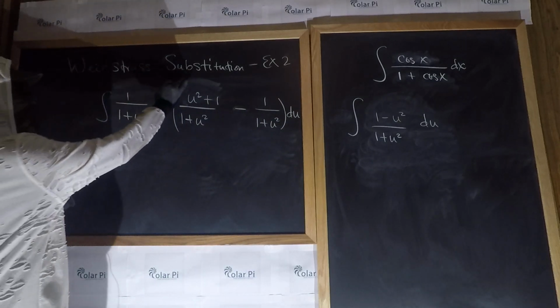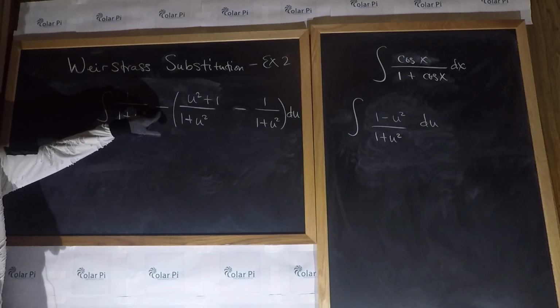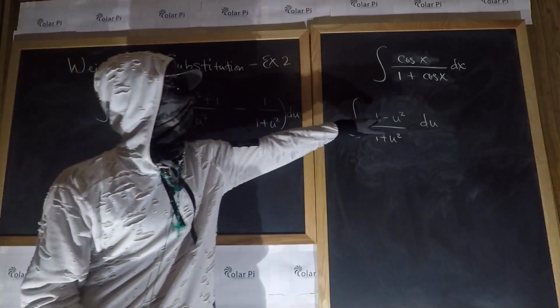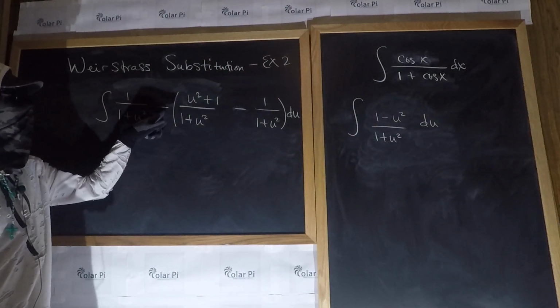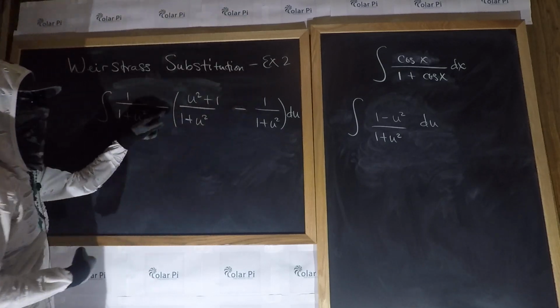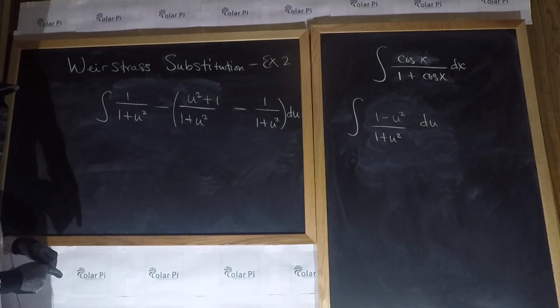That's fair, other than this parenthesis being too big. It's fair because if we distribute this minus sign, we get minus u squared, and then we get minus 1, and then plus 1. So this is the same as what I had there.